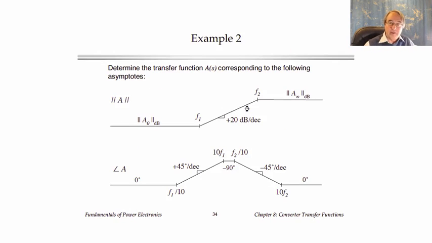Now there's one other way to write the transfer function that can be very useful. Suppose we're not interested in A0, or it's not so important in our application. Suppose instead we're more interested in the high frequency gain. We could express A in terms of the high frequency gain instead of the low frequency gain. And what we do is we use inverted forms.